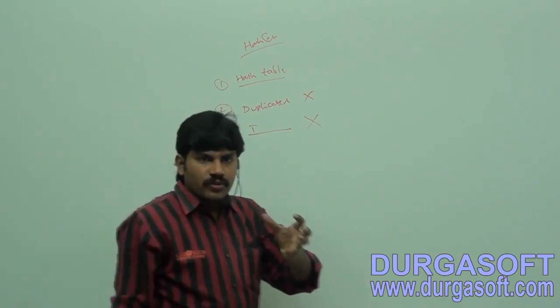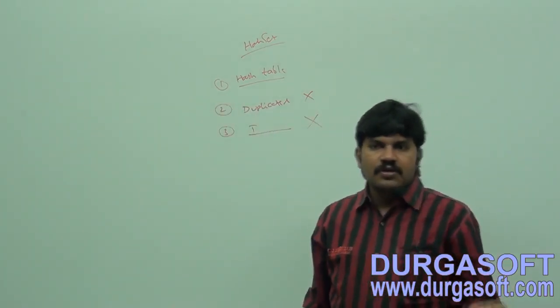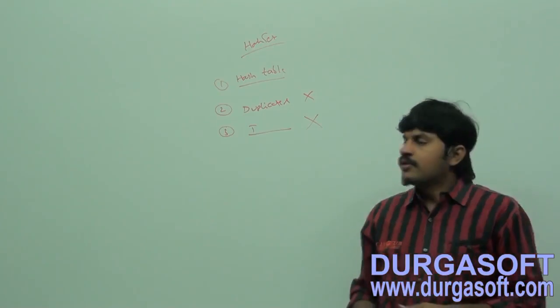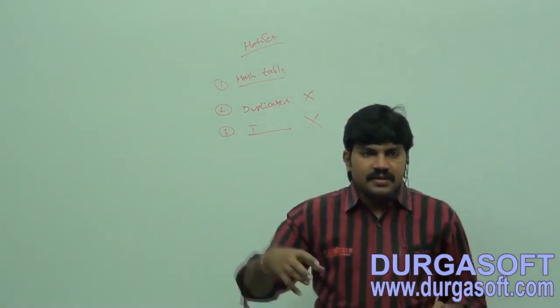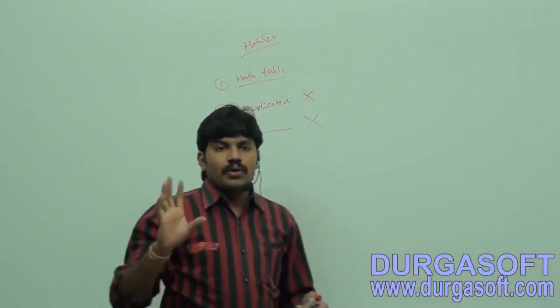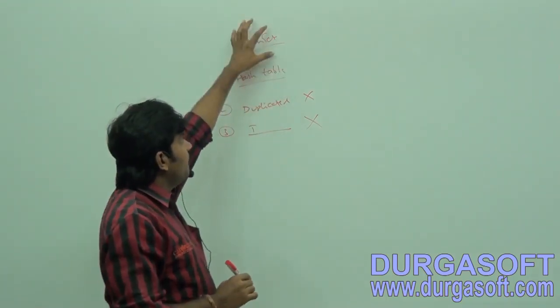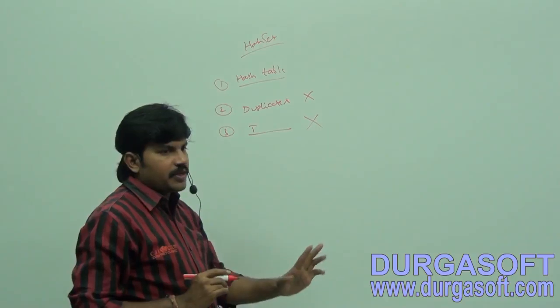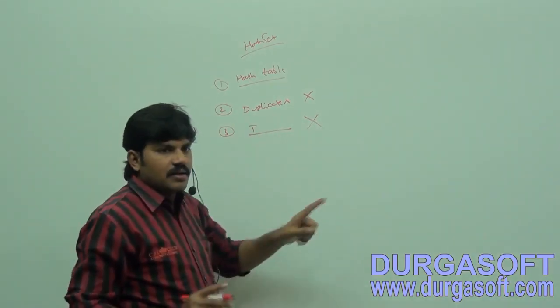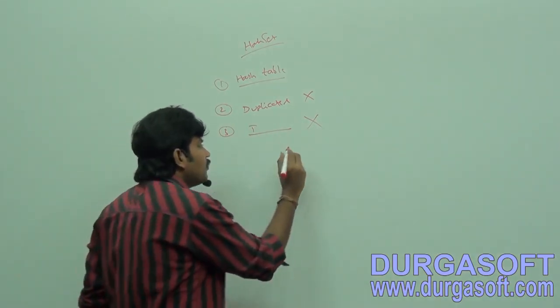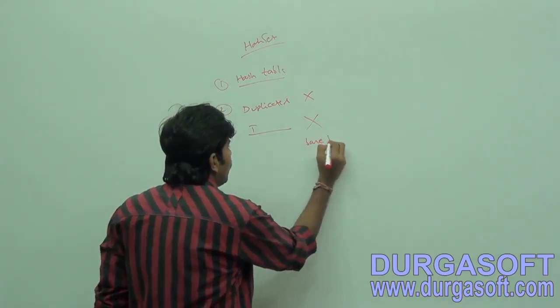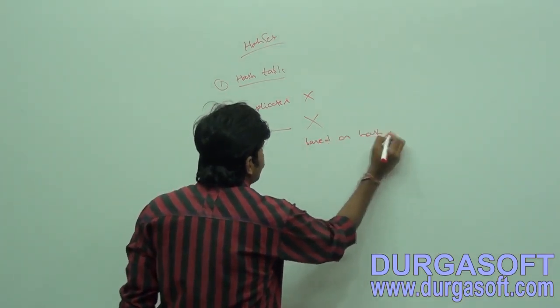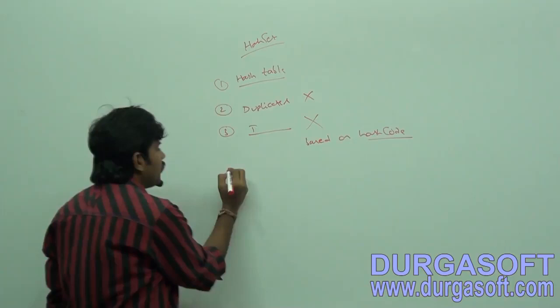For every object hash code is there, we covered it in the java.lang package. So all objects will be inserted based on the hash code of the objects. That's why insertion order is not preserved, but all objects are inserted based on hash code of objects, right?